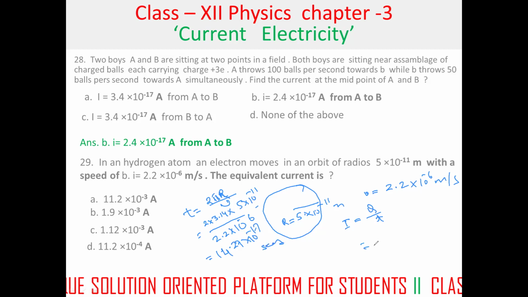So if I put the value over here, Q is 1.6 into 10 to the power minus 19 coulomb divided by 14.27 into 10 to the power minus 17. Finally, on calculation it's coming 1.12 into 10 to the power minus 3 ampere. This is the answer. So hope this is clear to you.